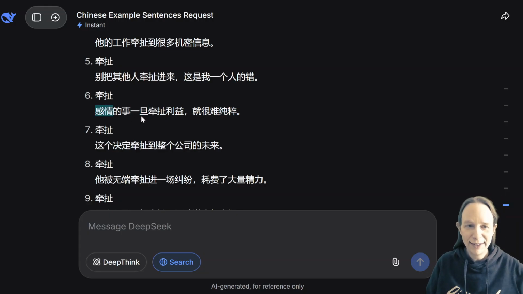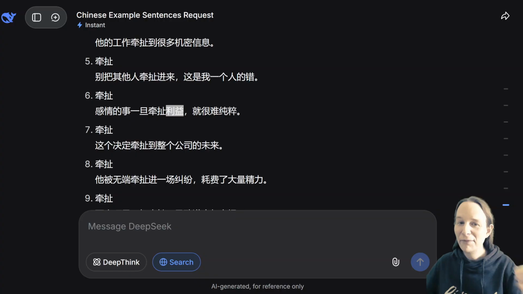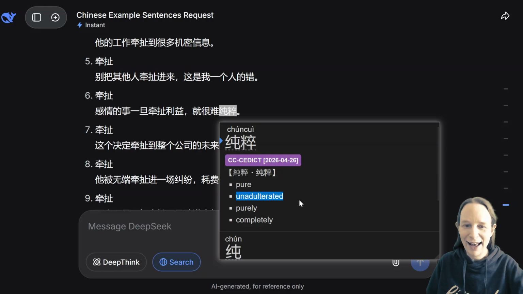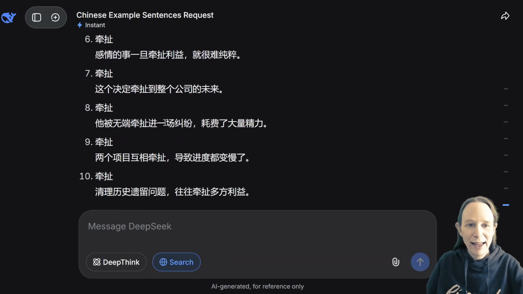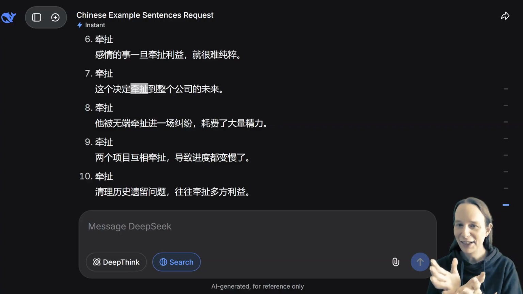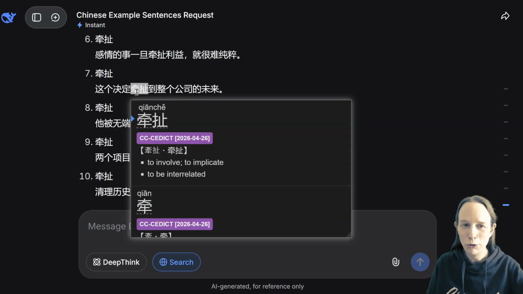So emotions, the moment 利益, which would be benefits, like financial benefits usually, are dragged into it, it's very hard to remain pure, 纯粹, unadulterated. 这个决定牵扯到整个公司的未来. So the decision involves the entire company's future. So this is fairly neutral.